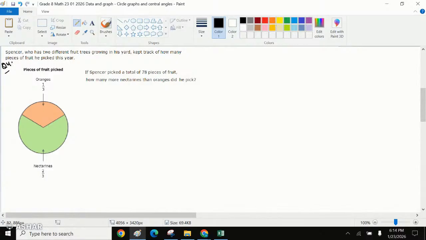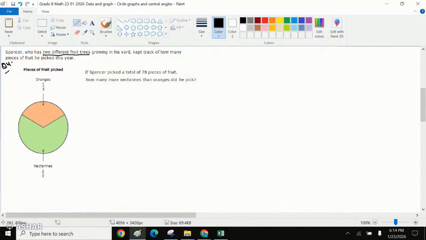Spencer, who has two different fruit trees in his yard, kept track of how many fruits he picked this year, right? So he has two trees, oranges and nectarines. 1/3 of the fruits were oranges and the remaining were 2/3, right?